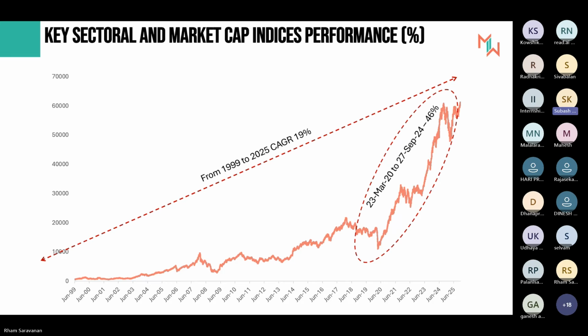See how the market and index perform when sentiment plays a role. For example, everyone says the market is correcting, so we have to exit. But when you are steady and go for an SIP, investing at that pace, I'm sure you will be rewarded with better returns.